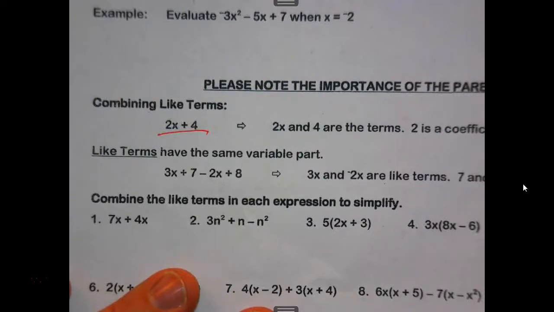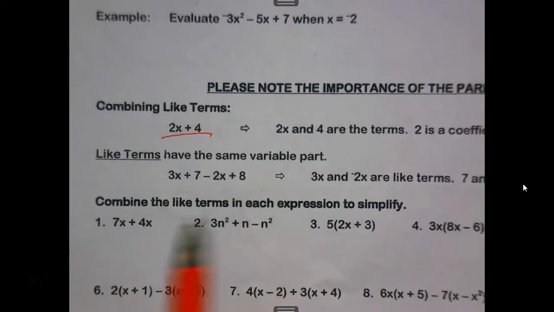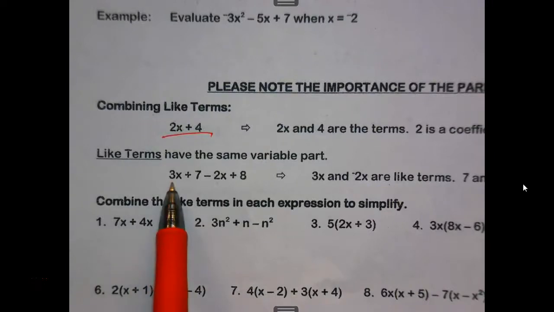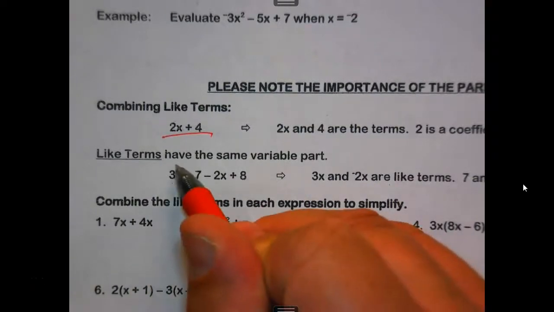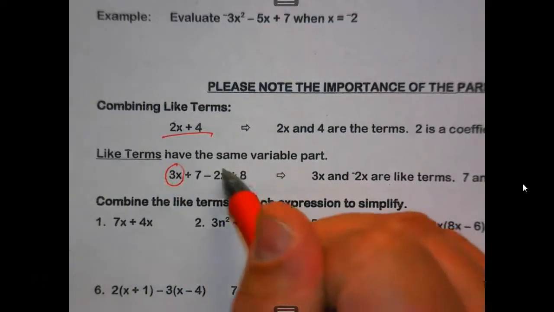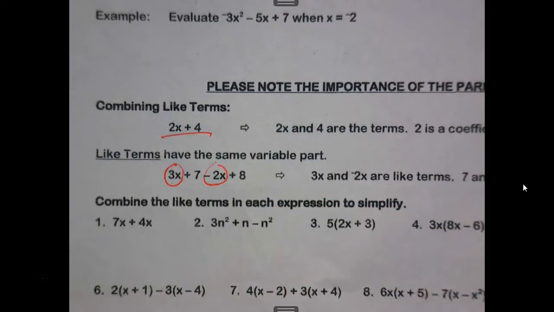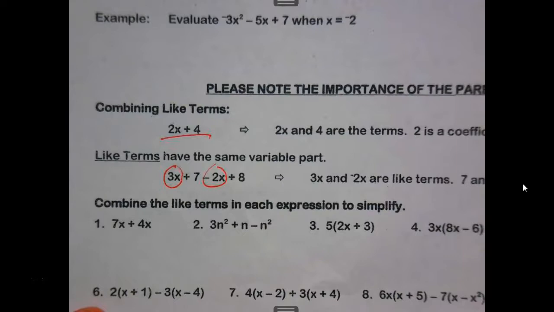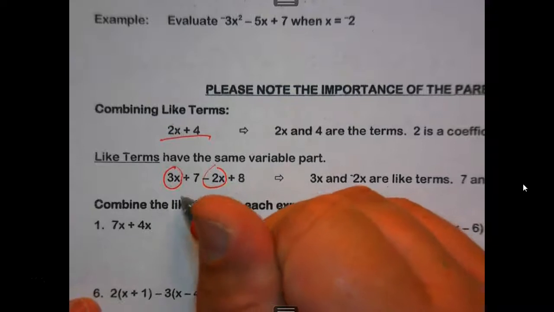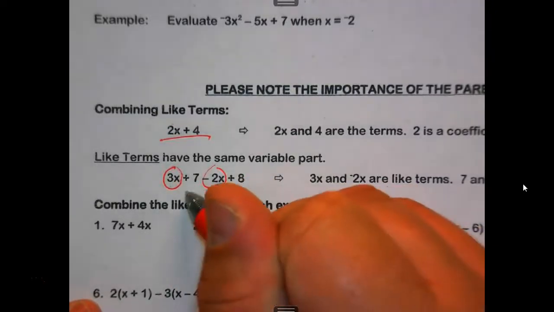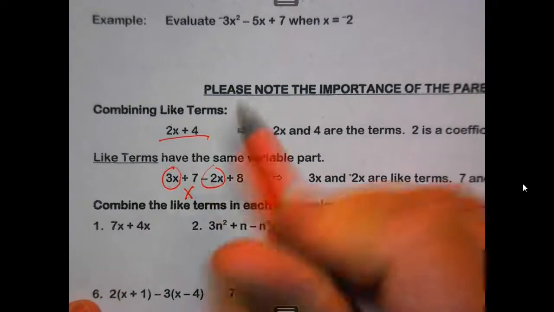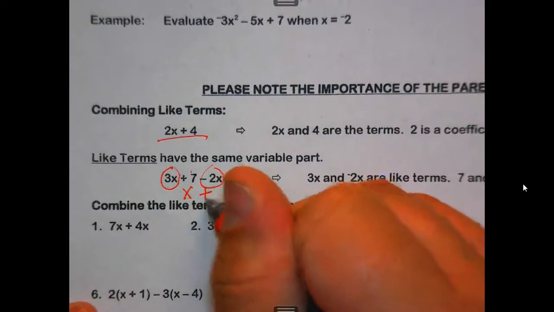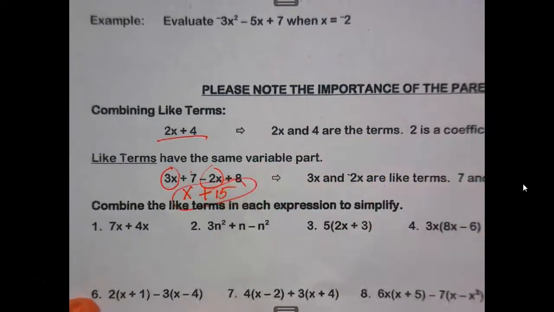It's simplified. It's evaluated. Now, like terms, the next example here, I have a 3x and a minus 2x. You're just doing the operation there. You're subtracting, so you're not going to get an x squared. So I have 3x minus 2x is 1x, or just x, plus 7 plus 8 is 15.